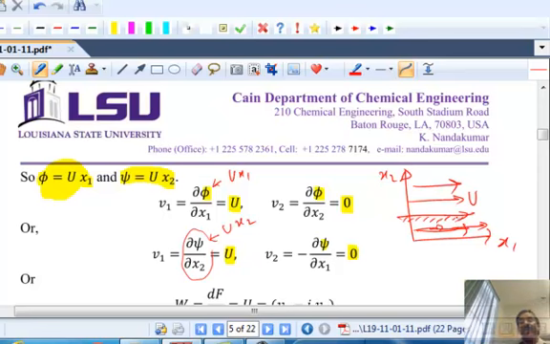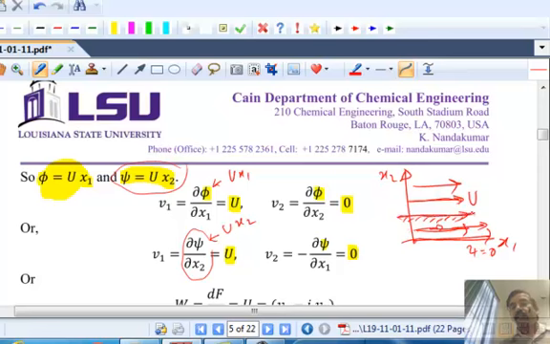So you could take any of the streamlines, and these are all streamlines, right? This is the velocity vector, but that's also the streamline. How do you know? Because what is the streamline? Stream function psi is u times x2. So what would this streamline be? Psi is equal to 0 because x2 is 0. This is the origin.